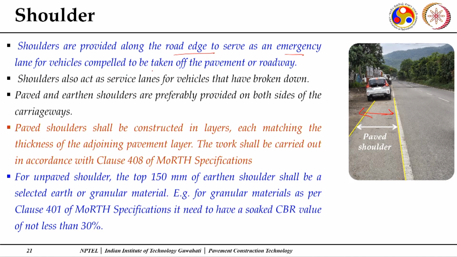It is a lane for vehicles compelled to be taken out of the pavement or roadway. In an emergency or vehicle breakdown, it can come out onto this. Also, if an ambulance, for example, requires additional space, this should always be kept free.